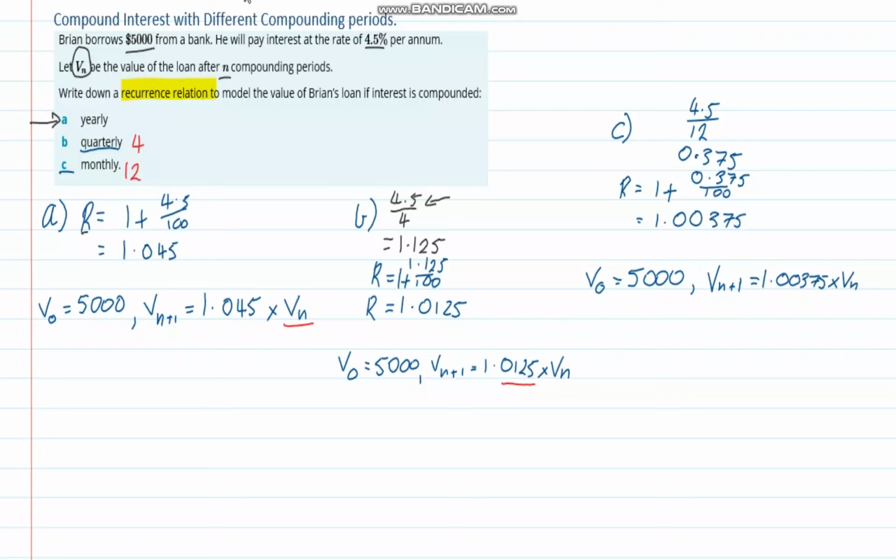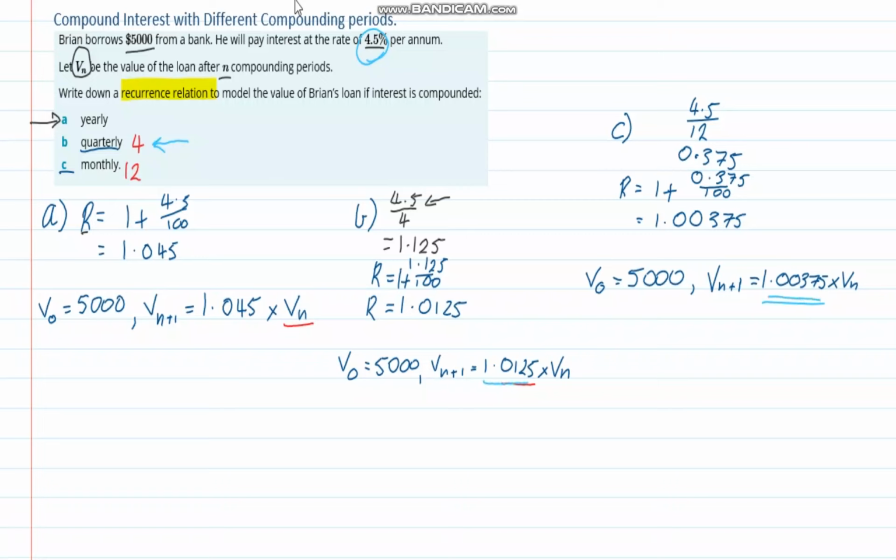So a couple of key things are how many periods there are in the year. That is what you're dividing your per annum interest rate by. And for the recurrence relation, that's the only thing that's changing each time.